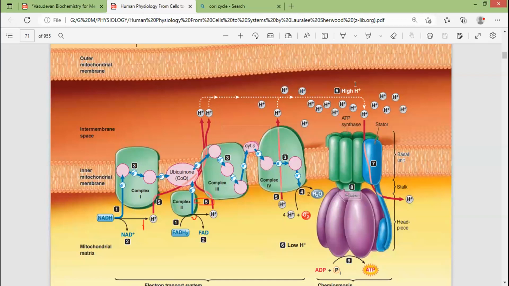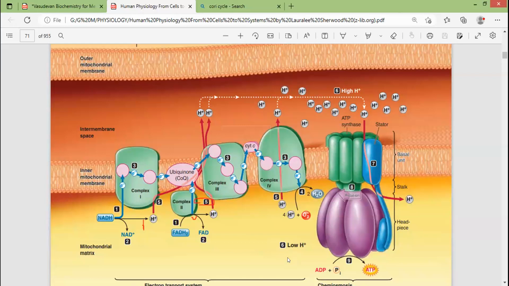You can't fight nature. So we've been pumping these hydrogen ions into the intermembrane space. So it means there'll be a high concentration of hydrogen ions here and a low concentration on the other side.